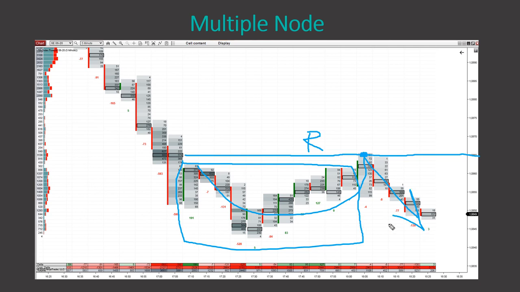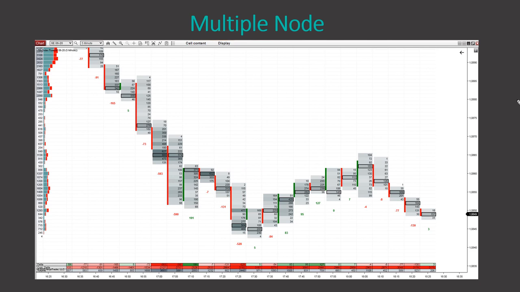All right. The logic behind this setup is very similar to the setup which I showed you before, the volume cluster setup. Now, in an area like this, in the heavy volume nodes, big volumes got traded, big volumes get accumulated, and this means that big guys are entering the market. In this case, the big guys entered the market and then they pushed the price even lower.